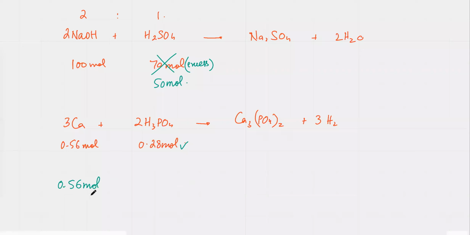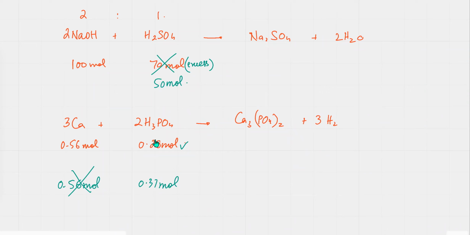According to the ratio, 0.56 divided by 3 into 2, what do you get? 0.37. So that means calcium is in excess because you don't have 0.37 moles; you have a lot less than that. So 0.56 moles cannot fully react. Is this point clear? Yes, sir. Okay, so that's one way, but that's a confusing way.